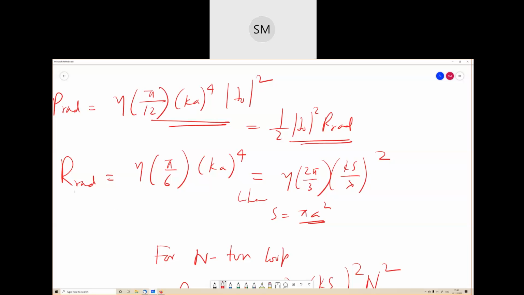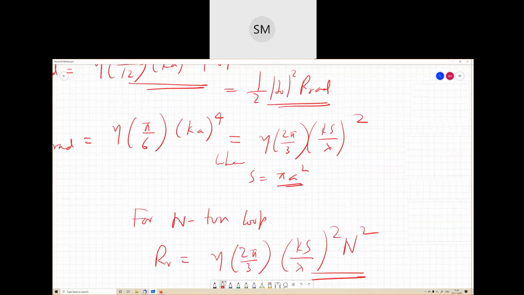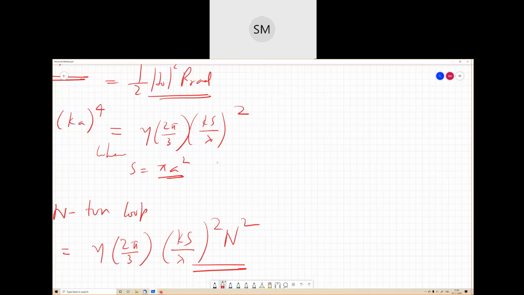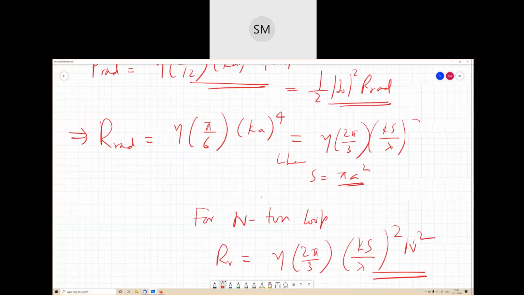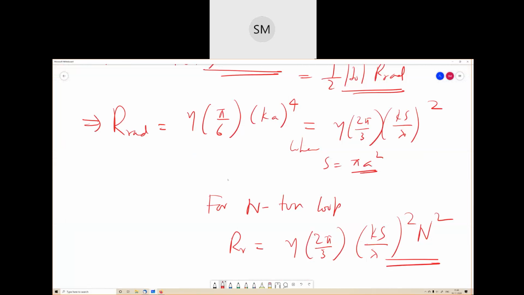Okay. K square, by the way. Eta pi by 6 k to the power of 4. Eta is the same, so I am not writing it.